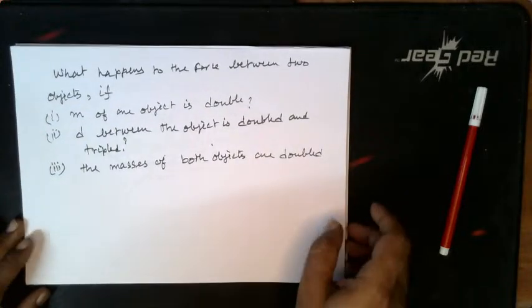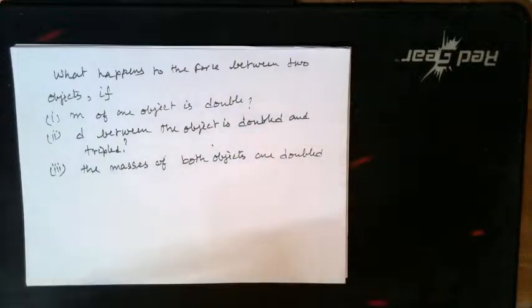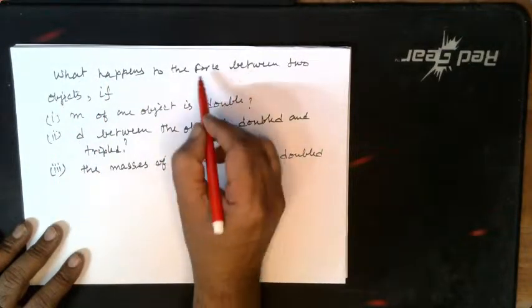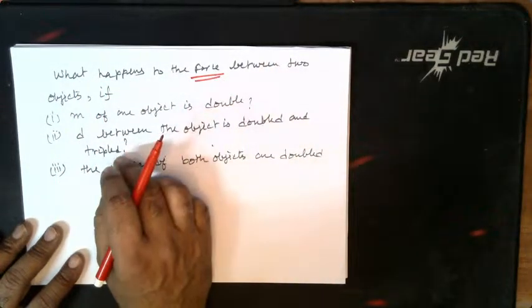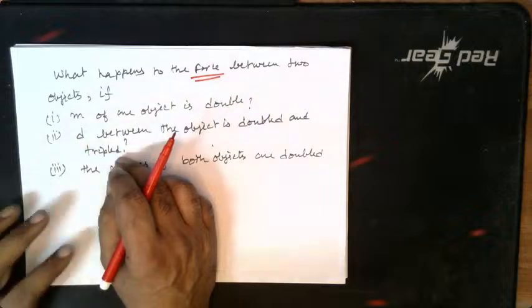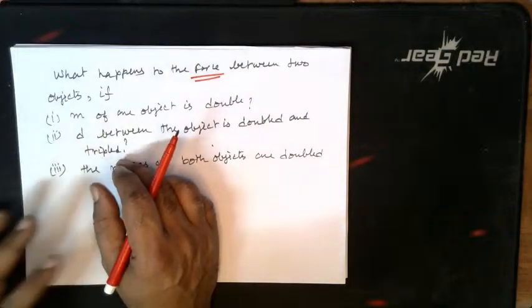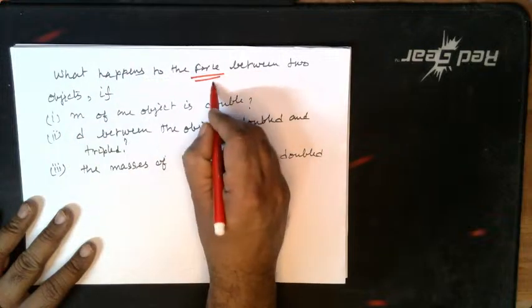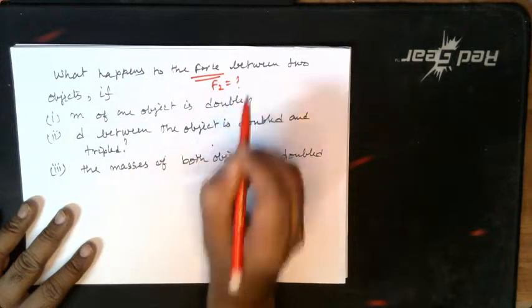Now, let us symbolically represent all these questions so that it will be comfortable for you. What happens to the force? So they ask about the force. It means that they are using two types of forces, F1 and F2, and here we are talking about F2. So F2 is equal to what?